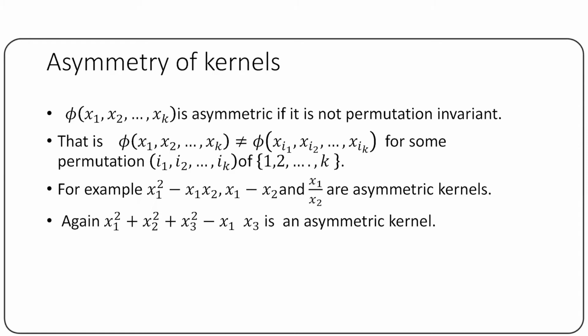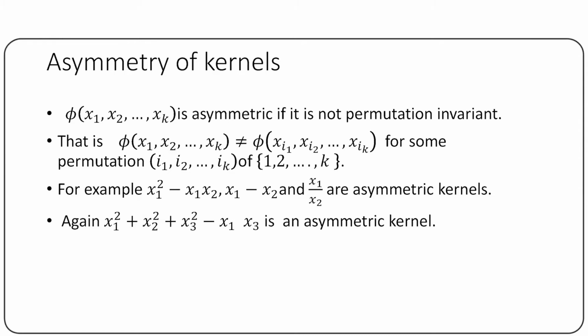This is asymmetric because if we interchange x1 and x2, we get x2 square minus x1 x2, which is not the same as x1 square minus x1 x2. Thus, x1 square minus x1 x2 is not permutation invariant and therefore asymmetric. Similarly, x1 minus x2 and x1 divided by x2 are also asymmetric kernels.